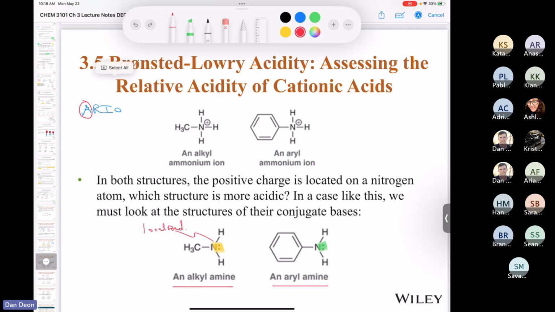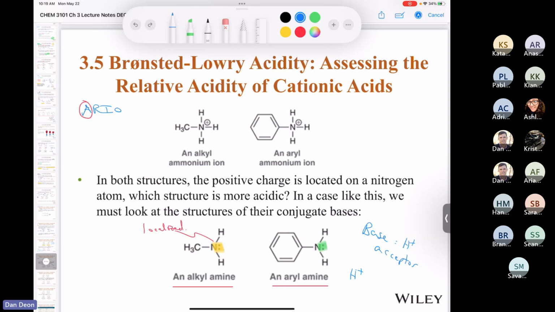So if we think about a base, remember that a base is a proton acceptor. It's got to be able to grab a proton. So you've got to be able to take a proton like that, or you've got to be able to take a proton like this. So which lone pair is going to be more available to grab a proton or to attack a proton?